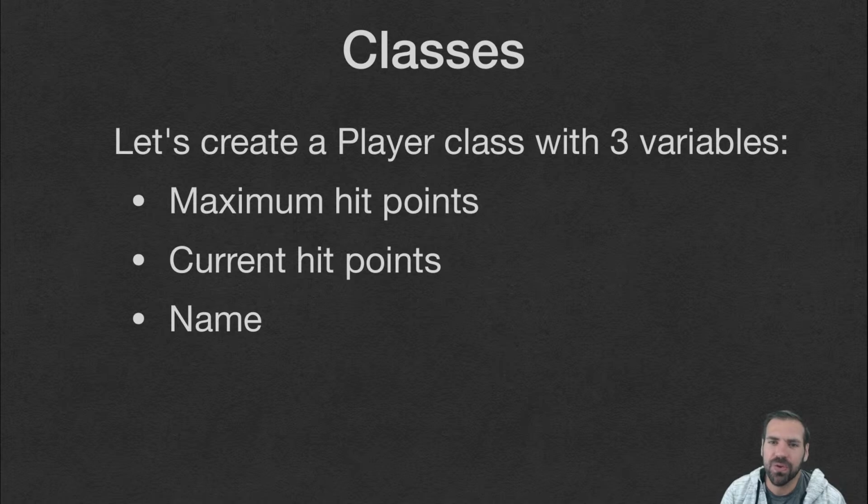So to show objects, we're going to use an example. We're going to create a player class, like a player in a video game, that's going to have maximum hit points, current hit points, and name. These are the 3 properties, the 3 variables that our player is going to have, and we want to be able to capture those 3 values in a player object.